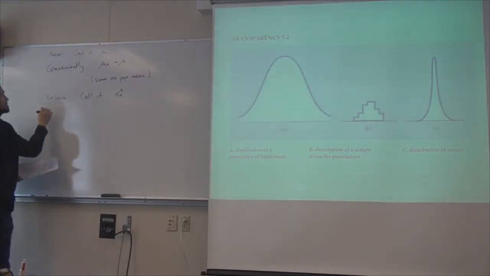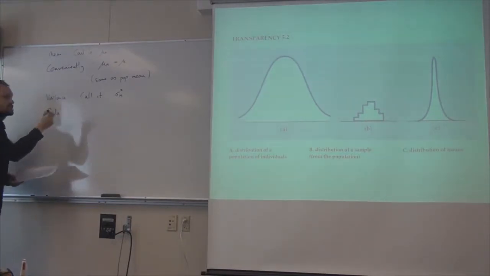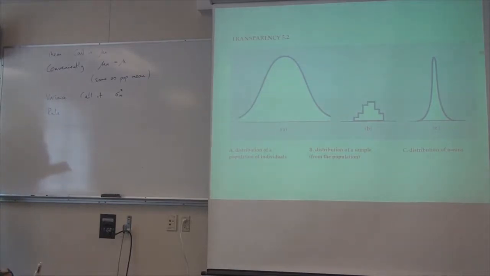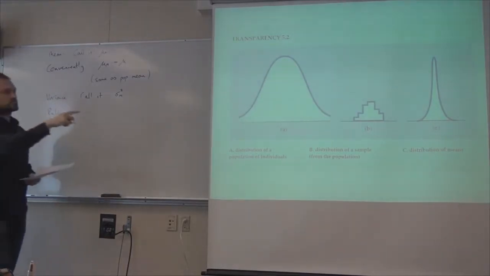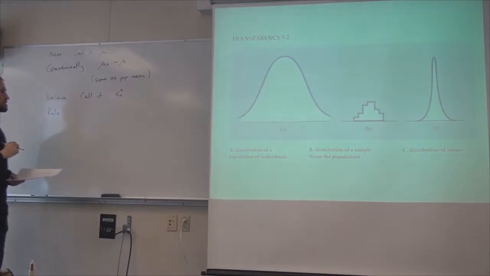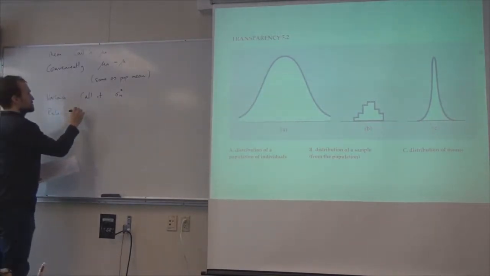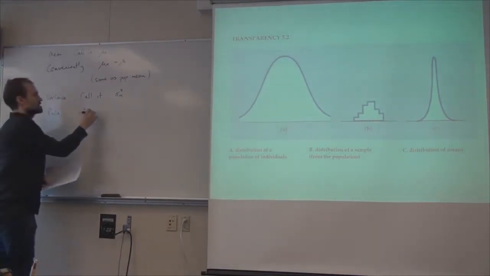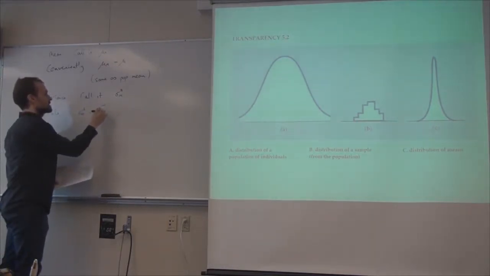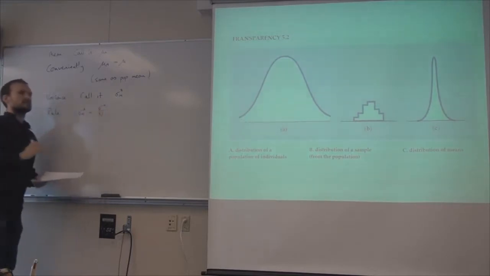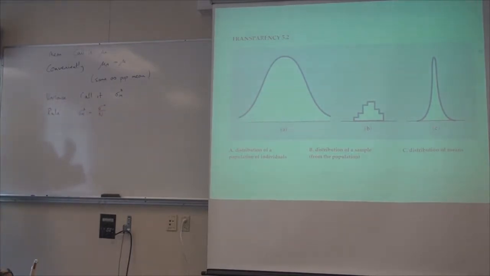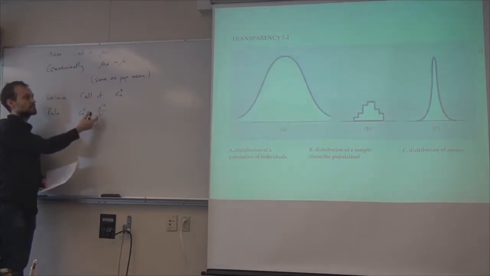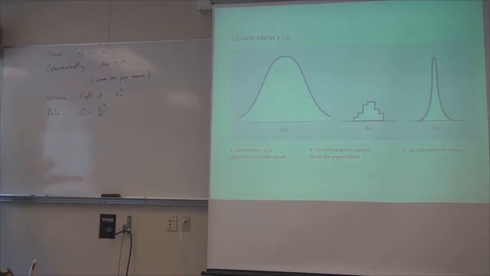And the rule that is derived from the theoretical equations is that to calculate the variance of the distribution of means, I take the population variance and divide it by the sample size. So the bigger my sample size, the less variance I'll see.